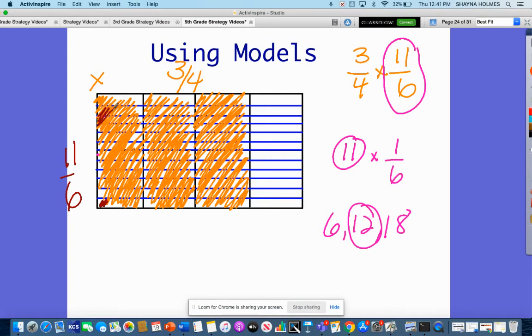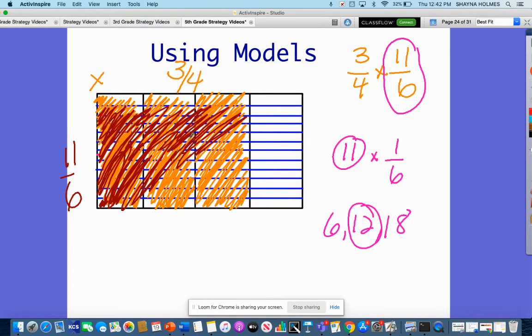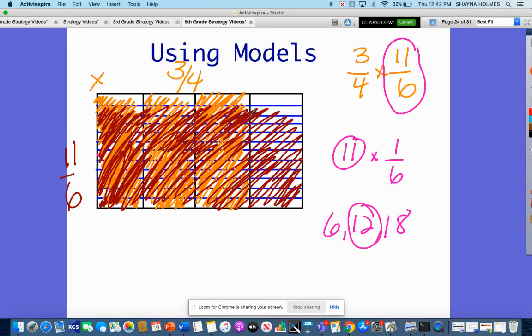It goes up to here. So I've got to shade in all of this.